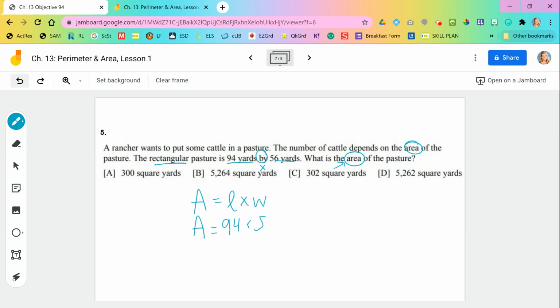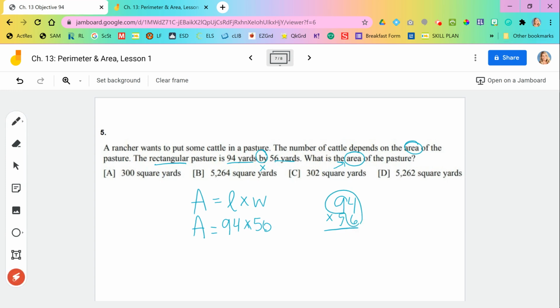Sorry, that is very messy. 94 times 56. It's not picking up really well on this. I'm not quite sure why. Okay, so since I have a 2-digit by 2-digit, I'm going to come over here and stack and do the turtle head, which hopefully we remember how to do. All right, so I start here.